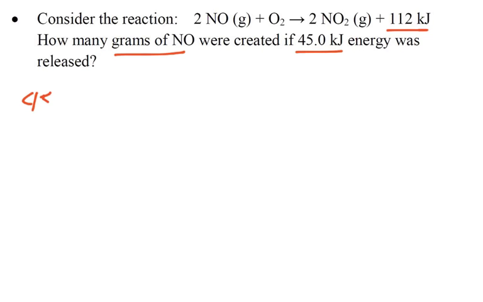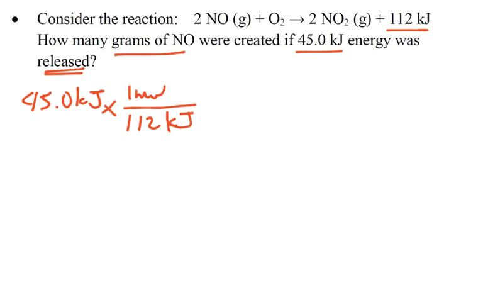So 45 kilojoules. Now, we don't have to say negative 45 kilojoules because it says the word released, so that takes place with a negative sign. So that many, and I know I get 112 kilojoules for every mole of reaction.